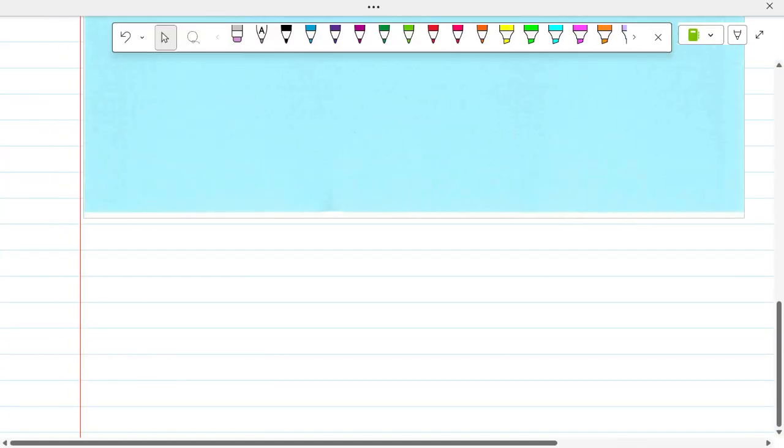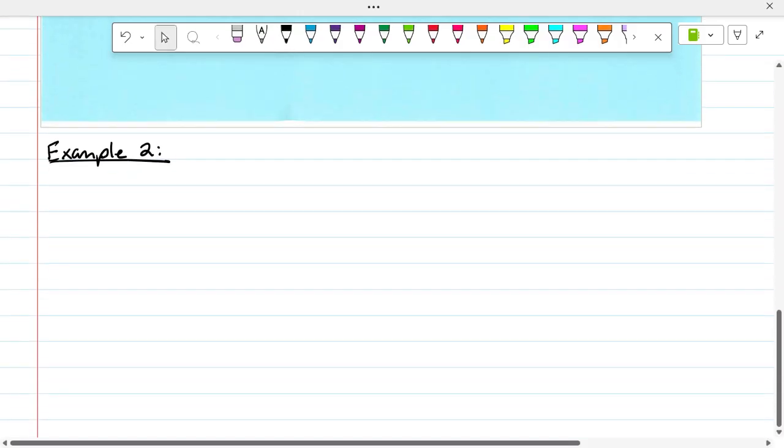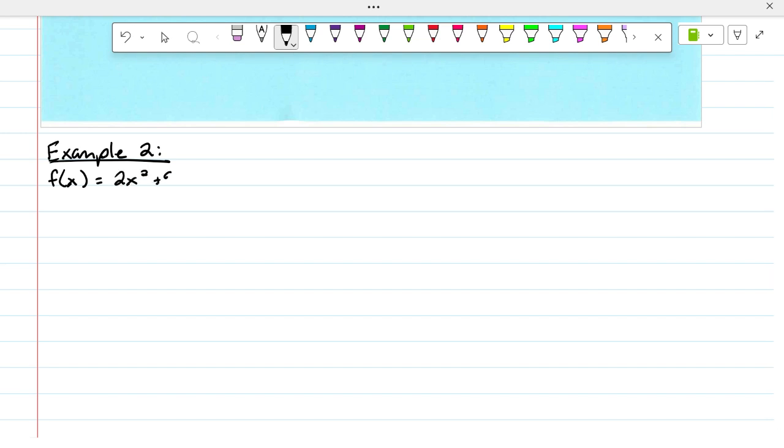All right, so let's do a second example. We'll call this one example 2. Let's do f of x is equal to 2x squared plus 5. Now, do not get thrown if they write f of x instead of y, because what is f of x?